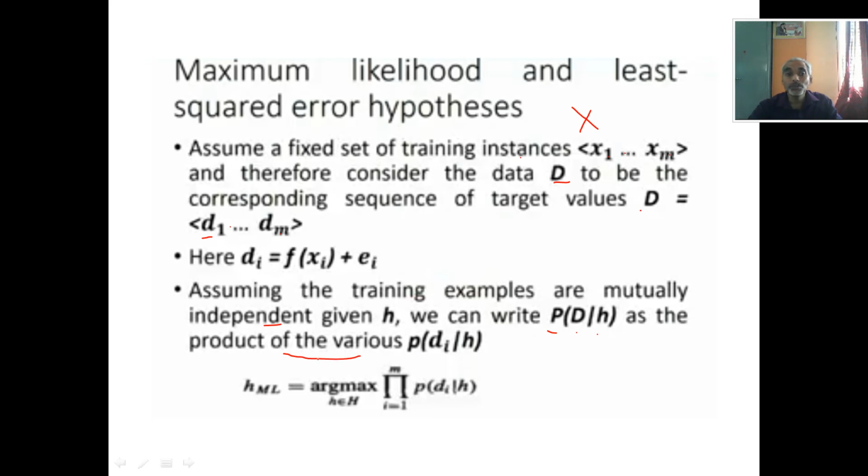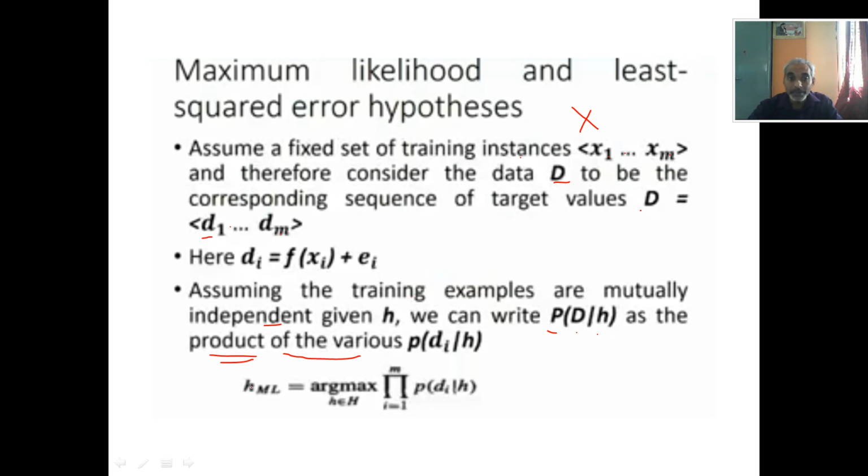We use the product because the events are mutually independent. Since the events are mutually independent, we take the product, not the sum. So we take the product of various small p of Di given h.